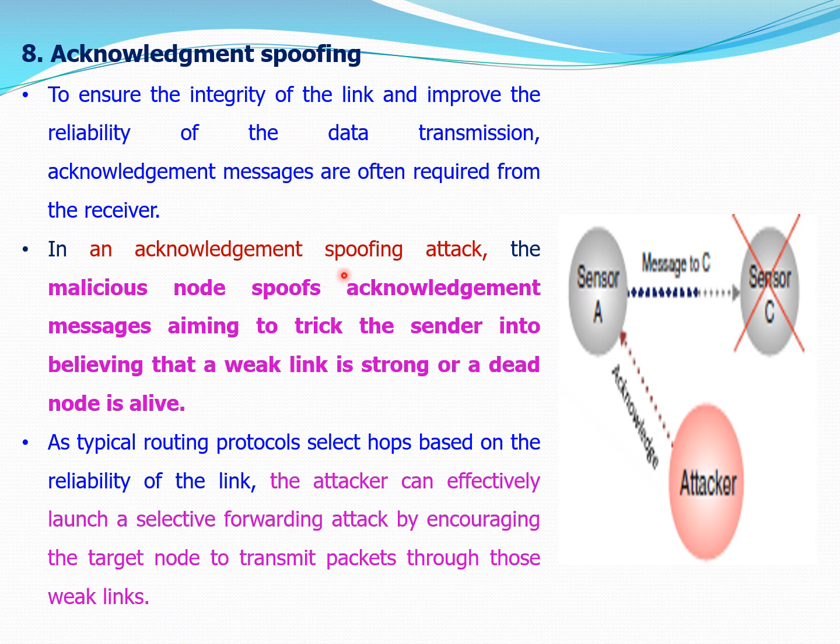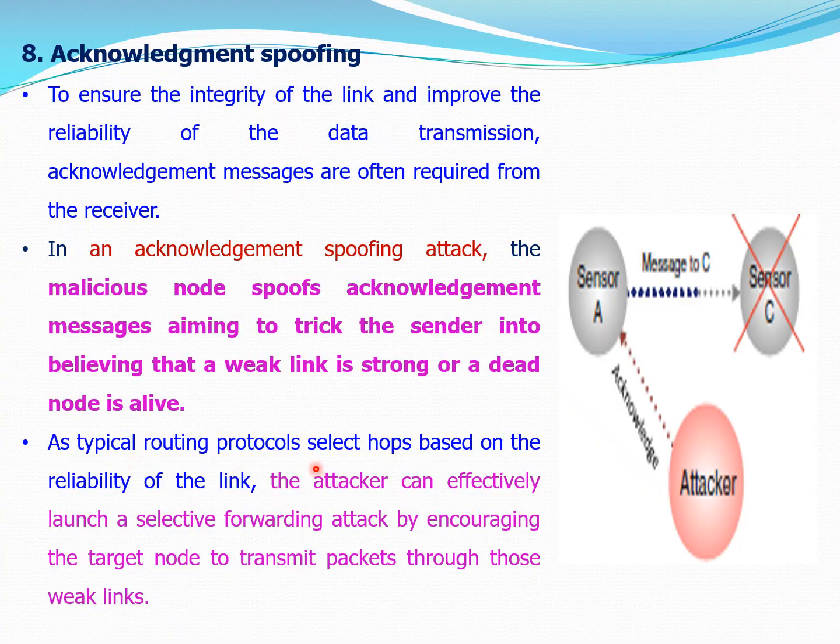In a spoofing attack, the malicious node spoofs acknowledgement messages, aiming to trick the sender into believing that a weak link is strong or a dead node is alive. For example, rather than the receiver sending acknowledgement messages, the attacker will send acknowledgement messages.